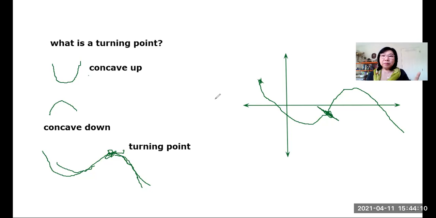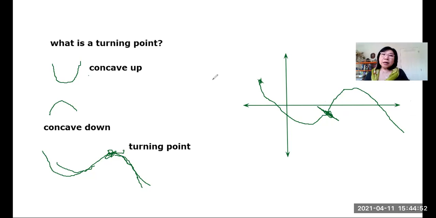So if an even degree polynomial function is, let's say, degree 6, it could have at most 5 turning points. But it could also have 2 or 3. So pay attention to the turning point. It's just the point where the function changes from concave down to concave up, or from concave up to concave down. That is what we call turning points.